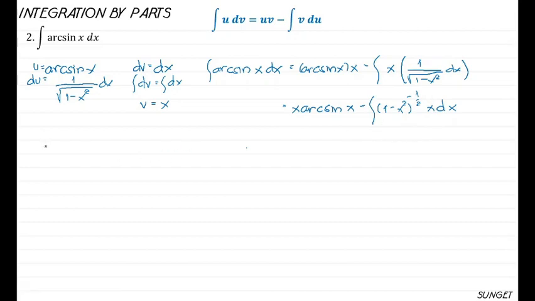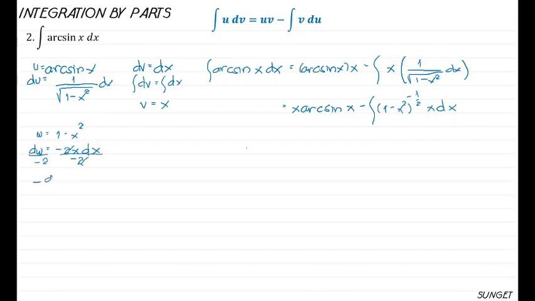So let's say w is equal to 1 minus x squared. So differentiate. So dw is equal to derivative of 1, 0, derivative of negative x squared, negative 2x dx. Then divide both sides by negative 2.